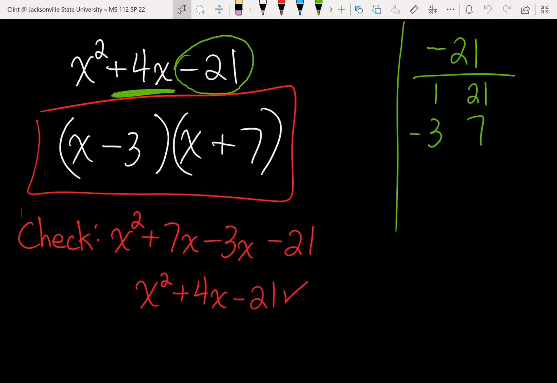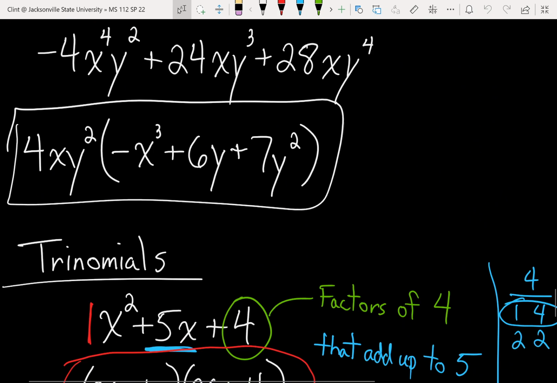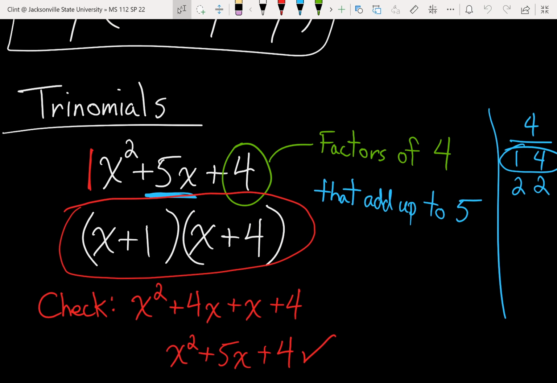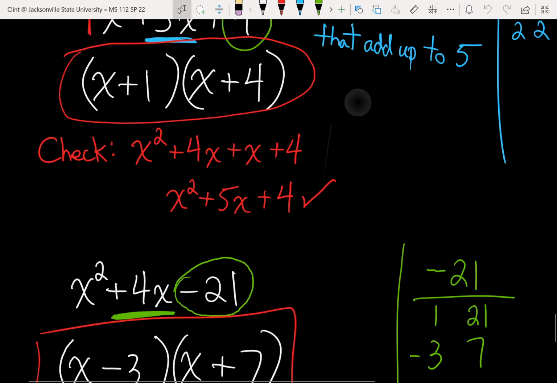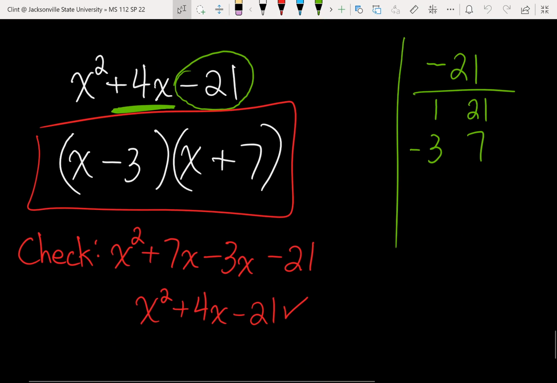So where we left off, we're doing some factoring. We did one trinomial where we needed factors of 4 that add up to 5 in the middle. Our factors were 1 and 4, and we put those in. Then we did another one where we needed factors of negative 21 that add up to positive 4.